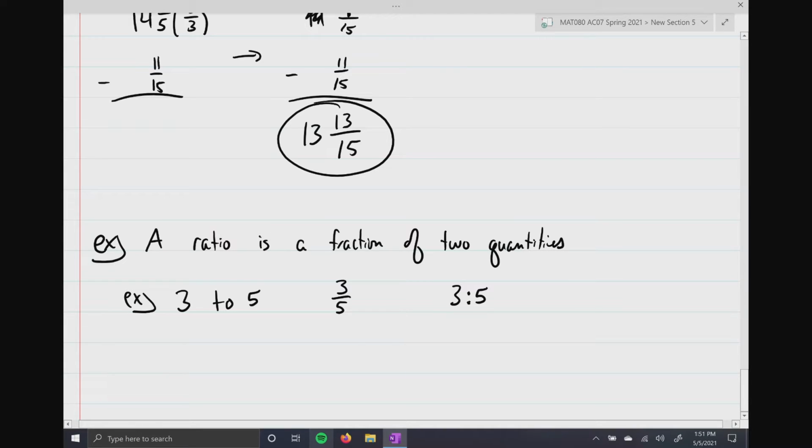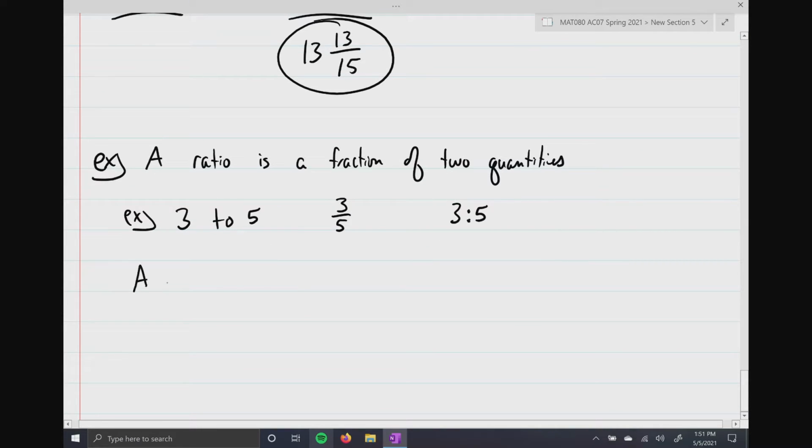But the idea is a ratio is a fraction of two quantities. Okay? Now, a proportion is when you have two ratios equal to each other.